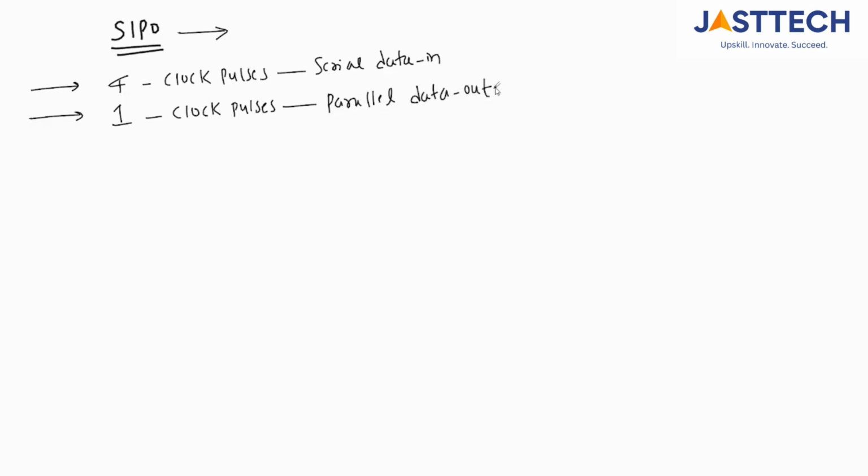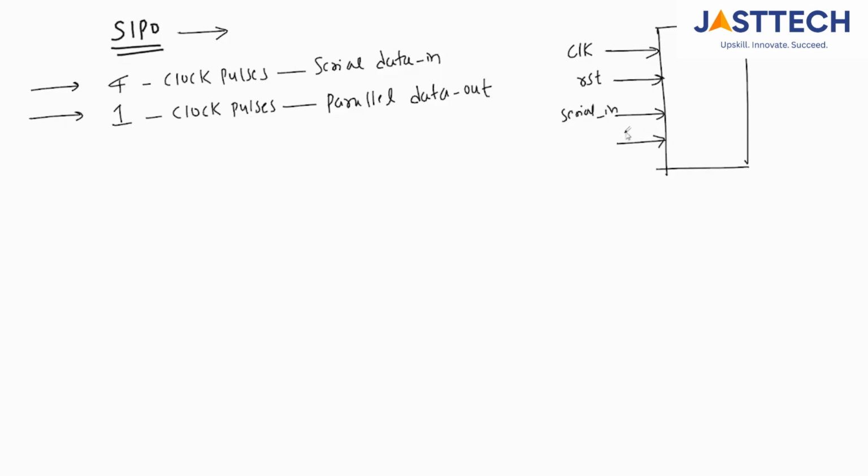So here, if you see this diagram, you have SIPO, serial in parallel out. What are the inputs? You have a clock and reset, and next serial_in, and one more signal, that is load.